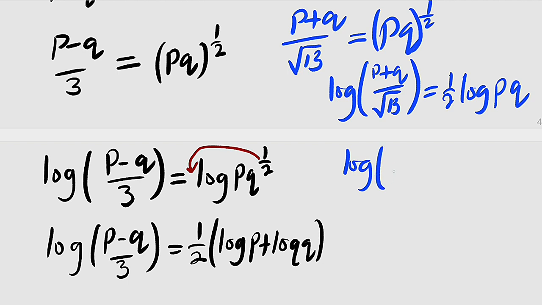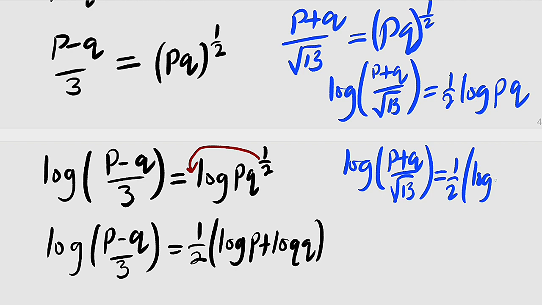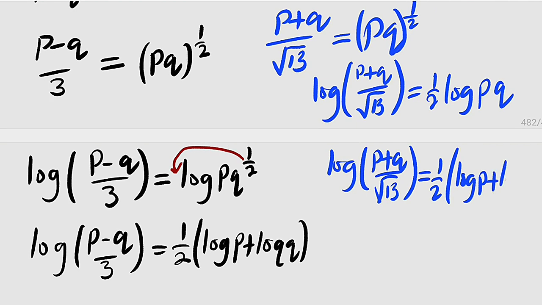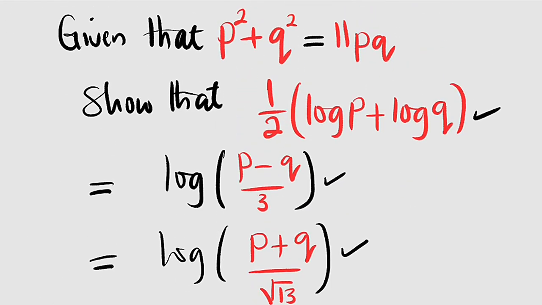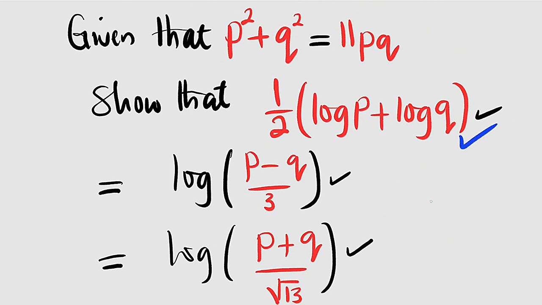We have log of (p plus q) divided by root 13 equal to half multiplied by log of p plus log of what? q. And hence we have proven that this is also possible. Look at it here. We have proven that this is equal to this.